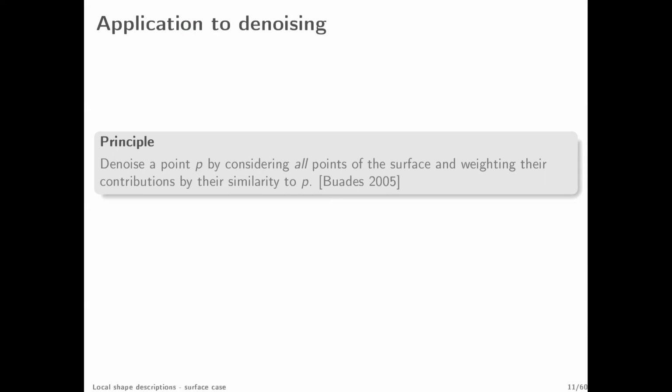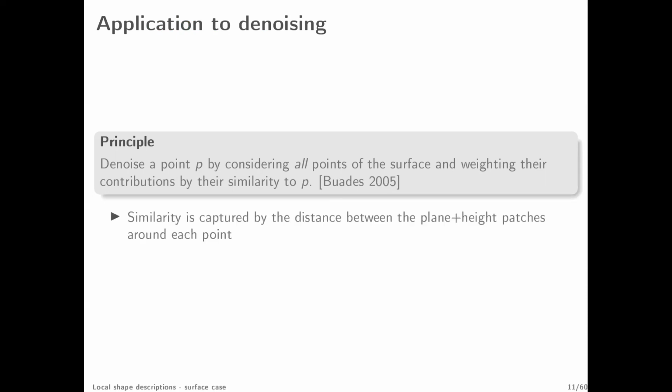The idea is similar to the principle of non-local means, a denoising principle which was introduced in 2005. The idea is to denoise a point by considering all points of the surface and weighting their contribution by the similarity to P, the point we want to denoise. We capture similarity as the distance between the plane plus height patches around each point.